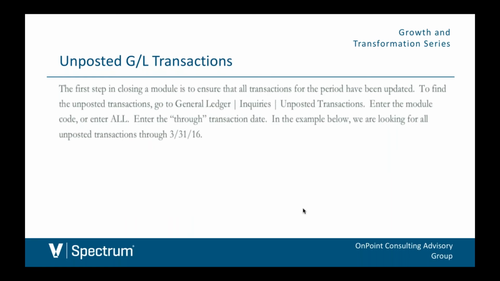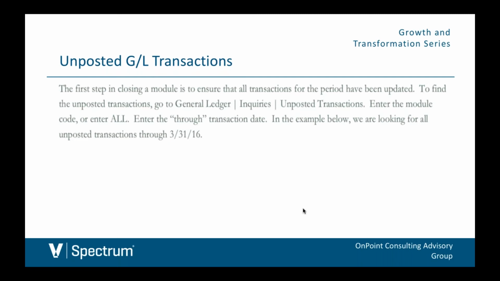For the unposted GL transactions, meaning anything coming from any module into the GL, we want to make sure that everything is posted. The very simple way that Spectrum has to find that is that we go to the general ledger, and this is the path to get to that: the general ledger, inquiries, and then unposted transactions.